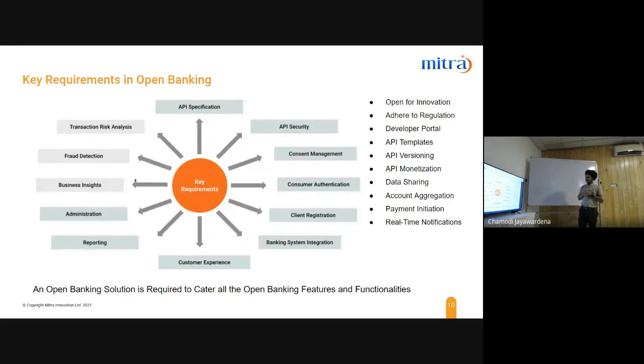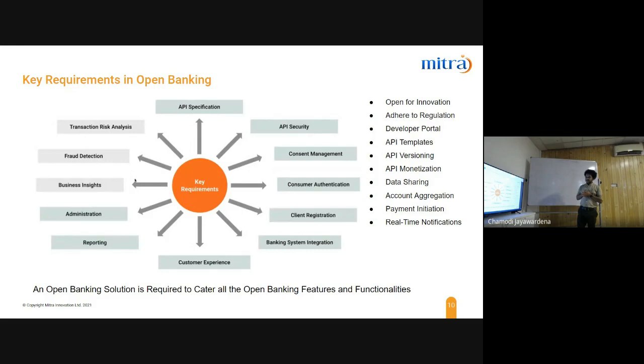The banking systems have to be integrated and expose their functionality as services to the outside. The customer should get a good experience as well, and analytics, reporting and fraud detection must be gathered. These are very important here. Other than that, these APIs could have different versions, and notifications may be required. So these are the key requirements to expose open banking functions as open banking.